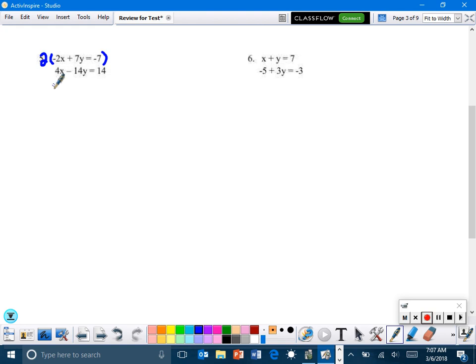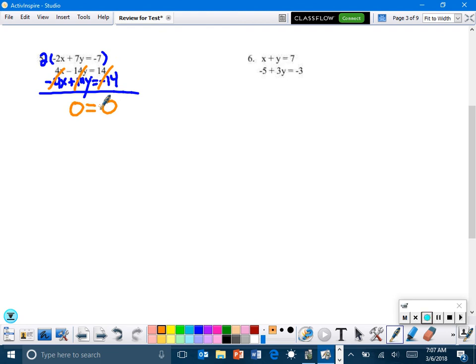So that equation becomes negative 4x plus 14y equals negative 14. All right, what happens? Well, the x's eliminate, the y's eliminate, and the constants, the 14's cancel out. So I've got 0 equals 0.